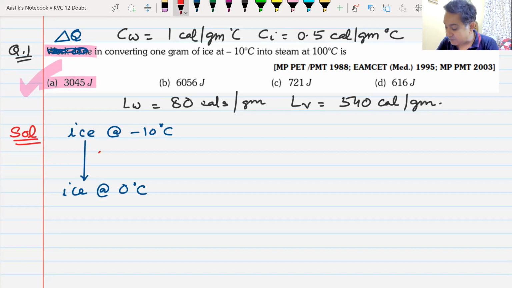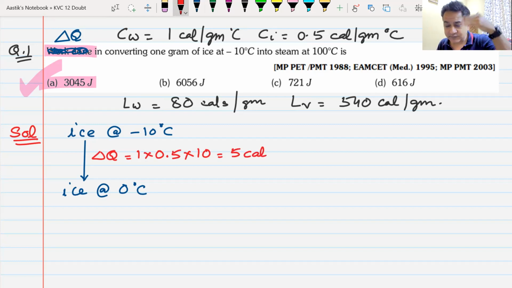How much heat do I have to give it? That will be delta Q. Remember, heat is given, so it is always positive. Delta Q will be M, and the mass is 1, into specific heat 0.5, multiplied by temperature change 10. I hope you understand this. So this will be 5 calories. This is step number 1.